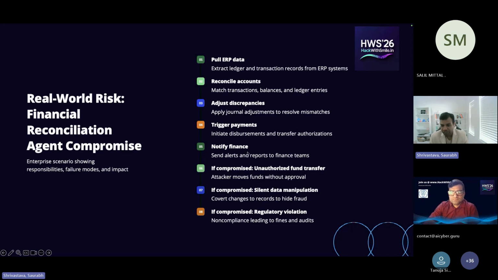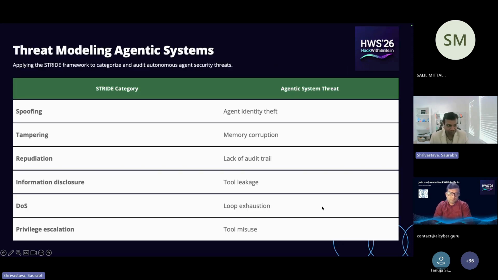In these steps 1 to 5 you see different agents working together, but if they are compromised, they will move funds without approval, and if data manipulation happens, there will be more fraud, and finally regulatory violation will result in fines and audits.